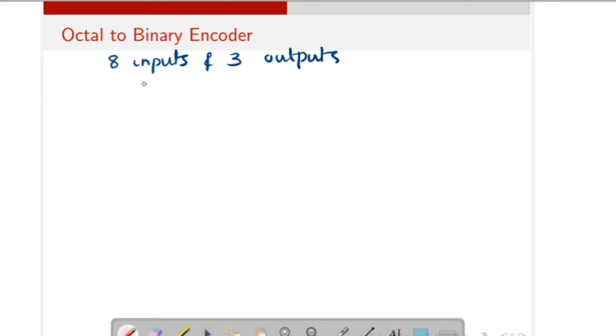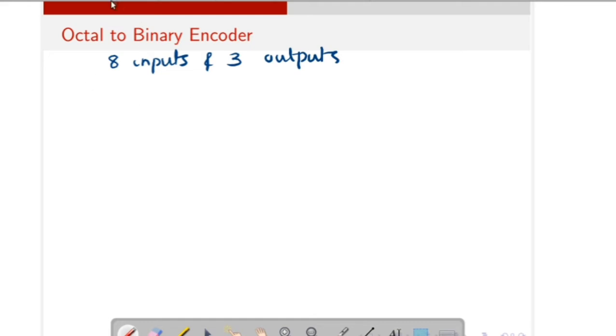In the case of encoder, we assume that only one input has value 1 at any given time, all others are 0. Then only we can generate the binary equivalent of the corresponding octal value. Suppose we want to generate the binary equivalent of the octal number 5, then the 5th input is equal to 1 and all other inputs are equal to 0. Then it generates the binary equivalent of the octal number 5.